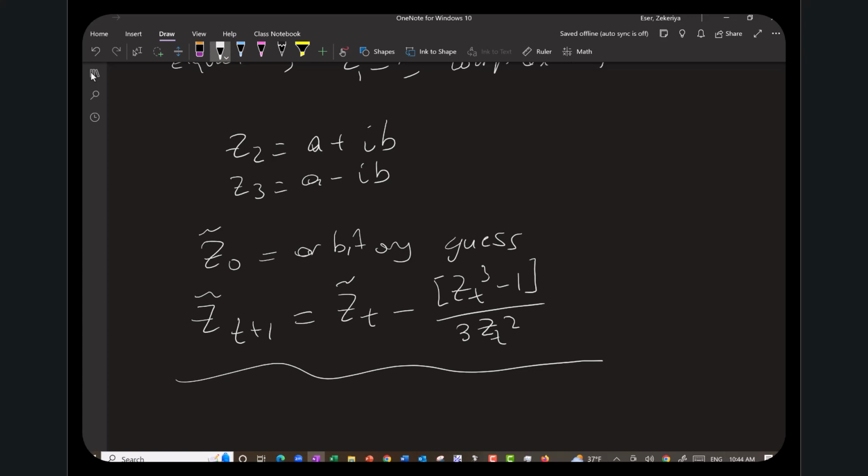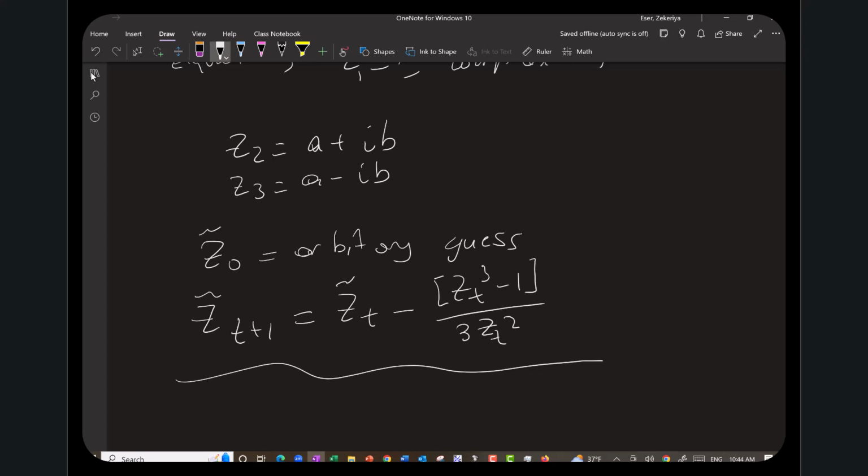And do a little two-dimensional graph. On the horizontal, you have the real part of the number, a, for example. On the vertical, you have the imaginary part. And if it explodes, paint that pixel black.